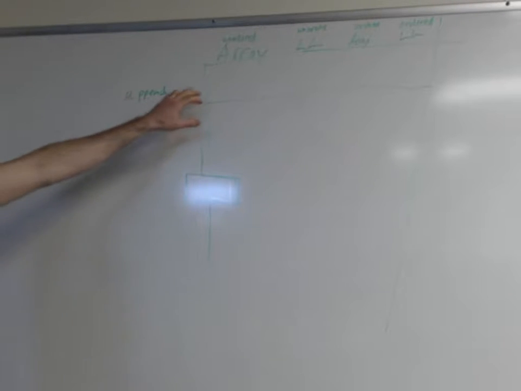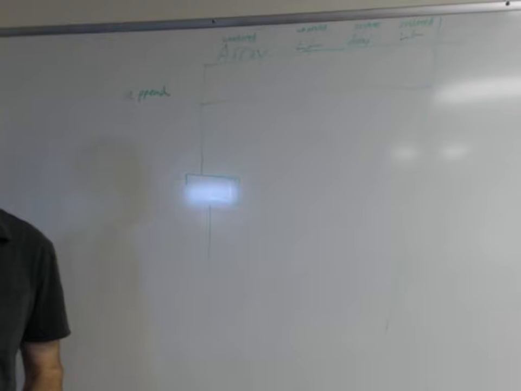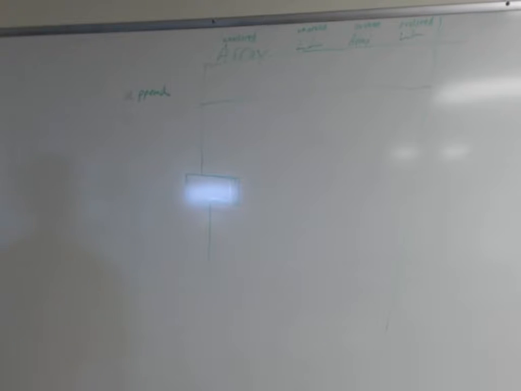So if you're appending something to an array, what'd you say? It depends. If there's not enough room, then you'd have to make an entirely new array with more. Right. So in the worst case, it would be O of n, but in the average or best case, it's O of 1.